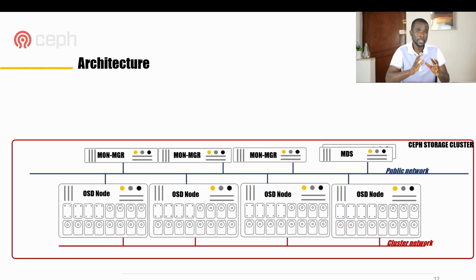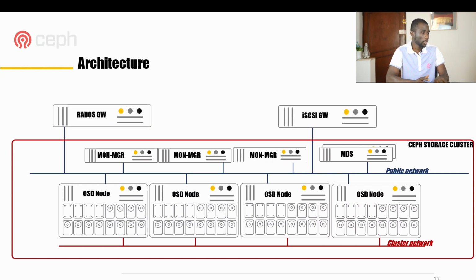Okay, so it is these nodes that are part of your Ceph cluster. And after building your Ceph storage cluster, you can have some gateways. The gateway will provision another backend storage to your client.